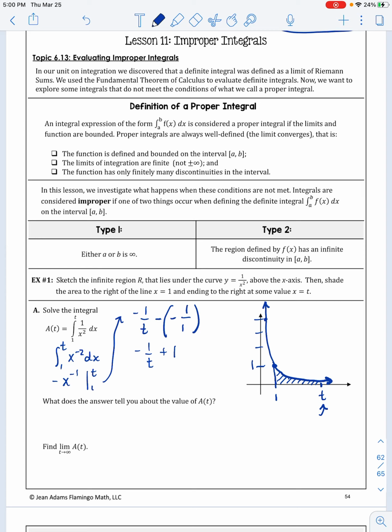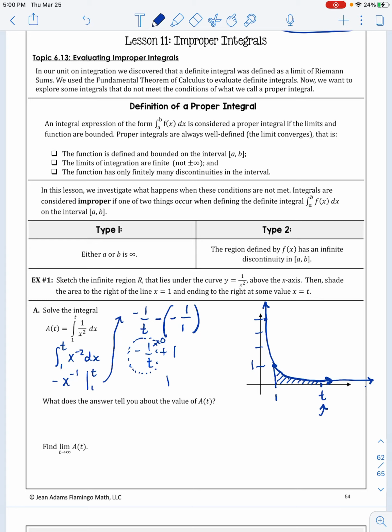Now imagine I put the t right here in my graph, but imagine if it just kept going and t was down here, or who knows where. As your t gets larger, this whole thing right here goes to 0. And so this becomes 1. Your answer to your integral right now is negative 1 over t plus 1.